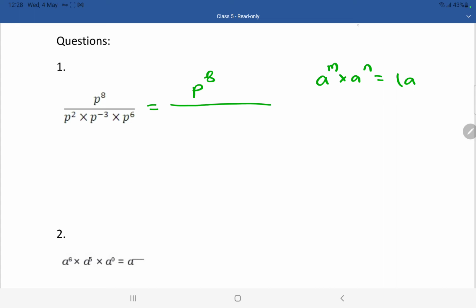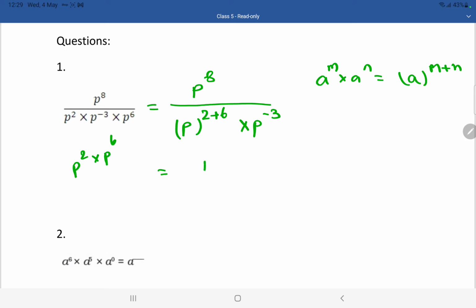Okay, sorry, it's not this one. A power m plus n. So, I can write, instead of writing p square into p power 6, I can write p power 2 plus 6 into p power minus 3.